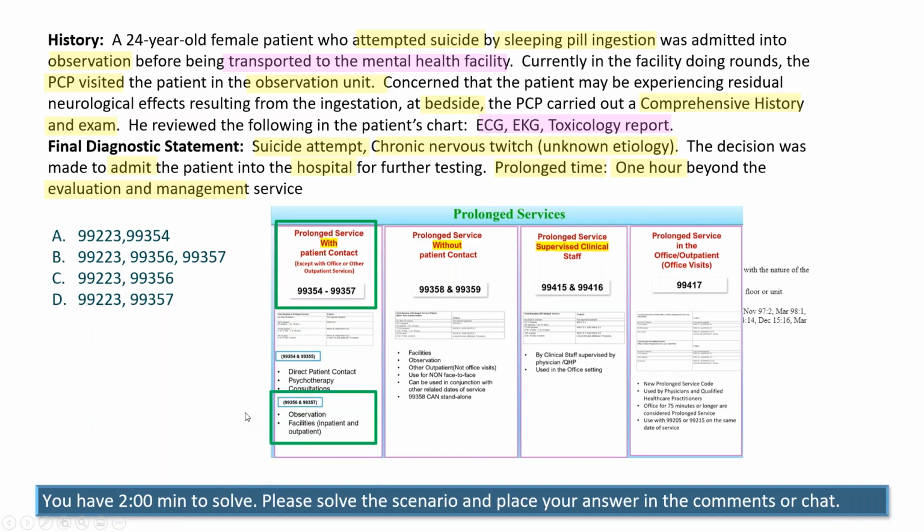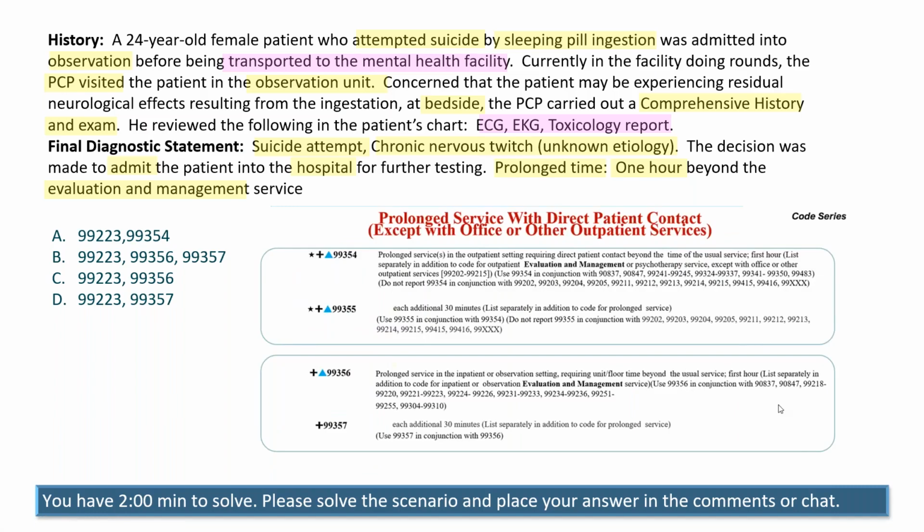So let's go in and see the codes. 99356 is coding for inpatient visits or observation setting visits, the first hour. We don't need an additional 30 minutes because we're only coding for 1 hour beyond. We're not coding 99354. That's for outpatient.